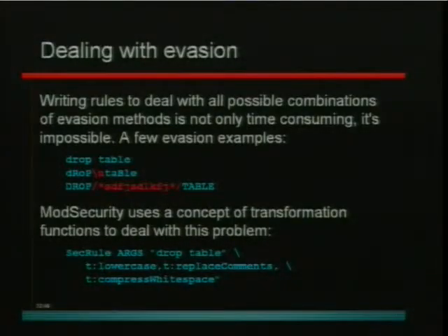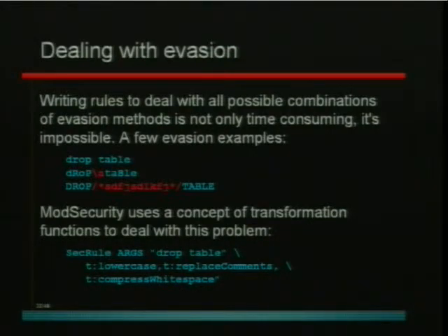The second example is where evasion is used with mixed case and white space between the 2 words, so that's going to confuse some tools. And even in the third case, you have an SQL comment used as a separator between the 2 words. With this sort of flexibility, and I'm just scratching the surface of what's possible when it comes to evasion, it's very difficult to write rules that will actually catch attacks.